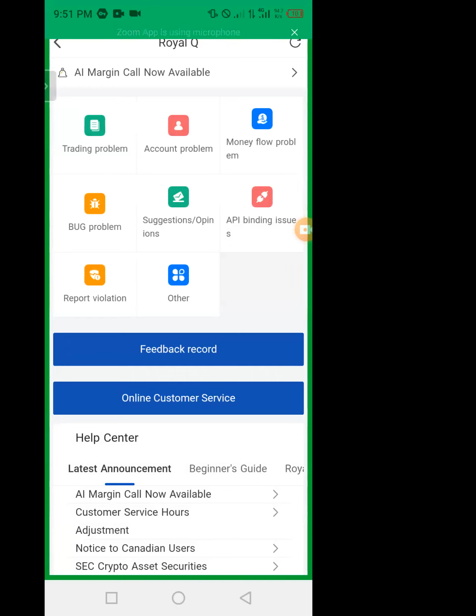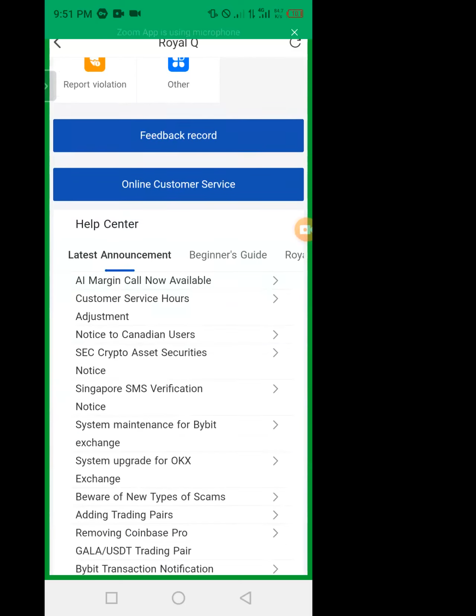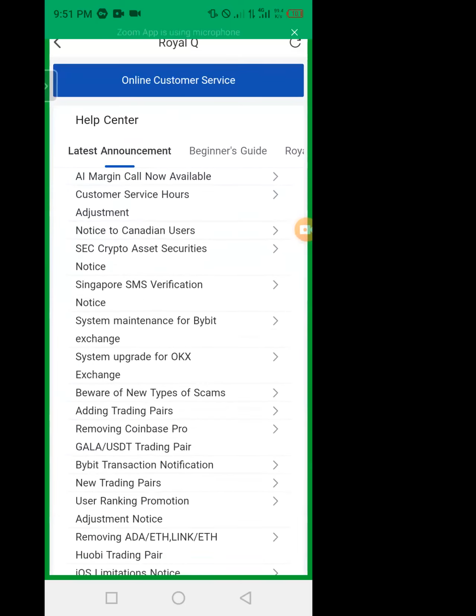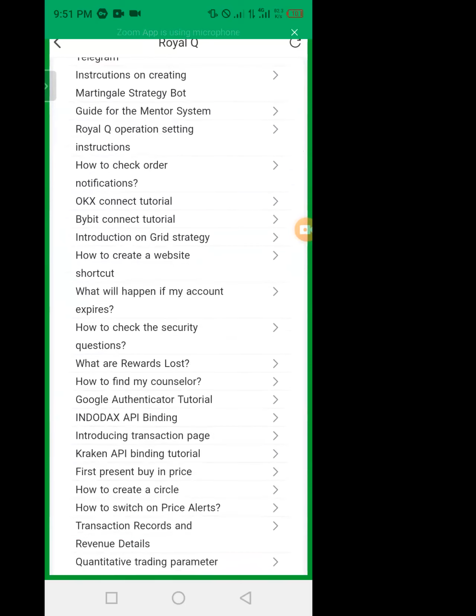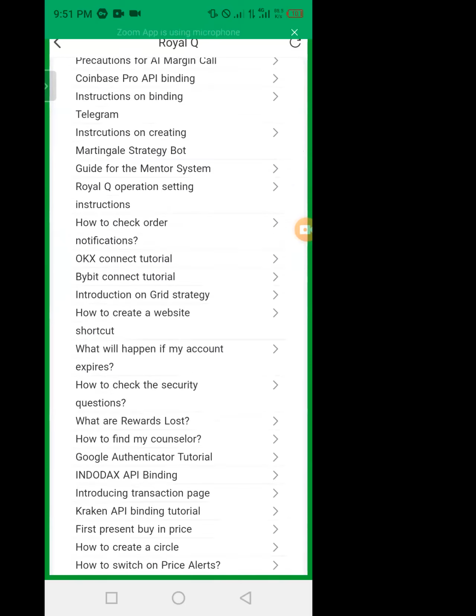Is it an API report? If it is not among these, you write in Other and put the details. We have the announcements. We have the beginner's guide for you. If you want to know more about how this robot works, you come to the beginner's guide. Everything is there.